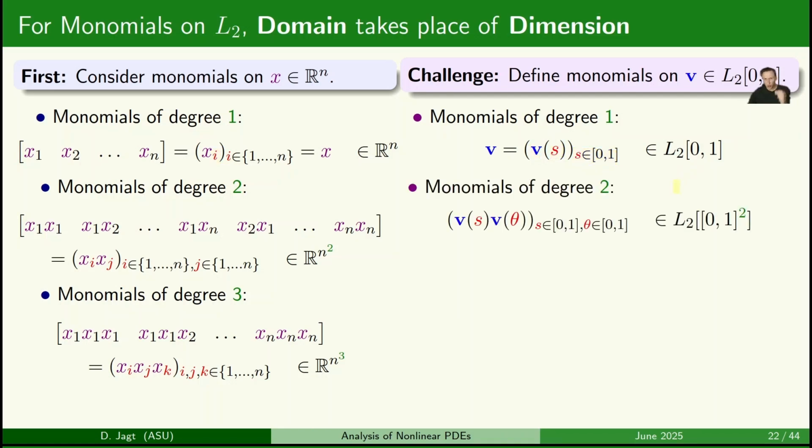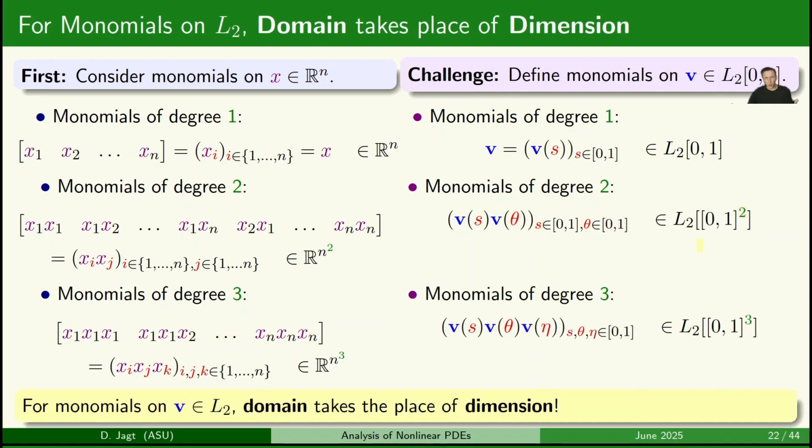The monomials of degree 2 then will become all products v at s times v at theta for s and theta both ranging over the domain 0 to 1. So this will be a function of 2 spatial variables. Similarly, the monomials of degree 3 will become the products v at s times v at theta times v at eta for s, theta, and eta over the domain 0 to 1. So this will be a function of 3 spatial variables.